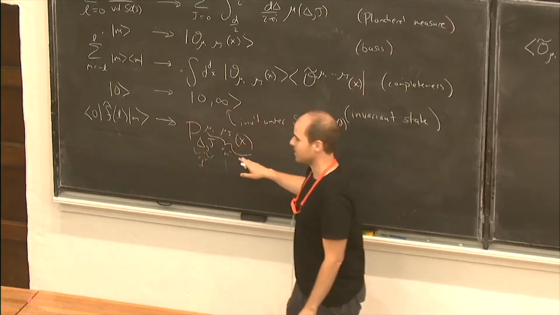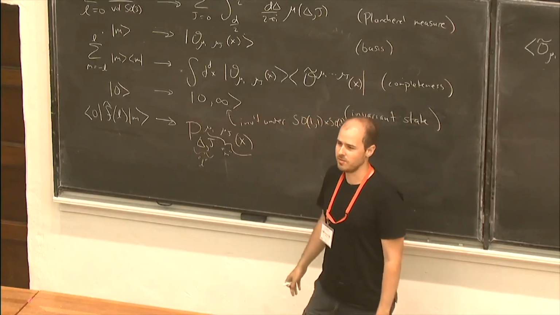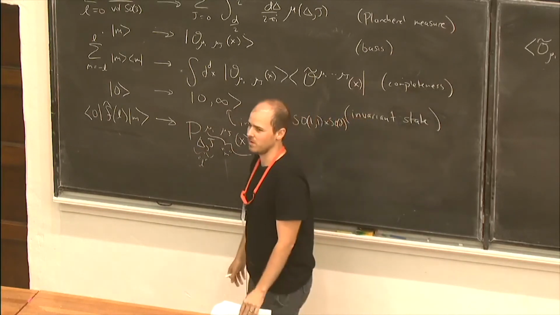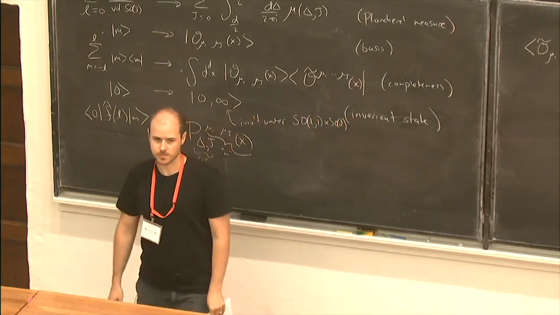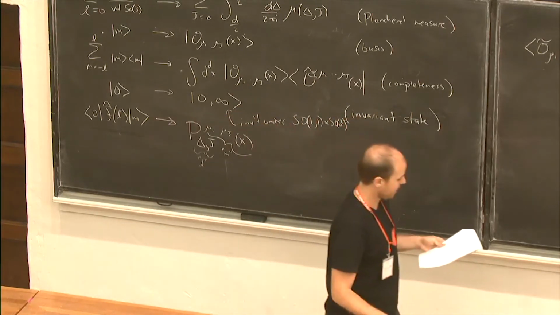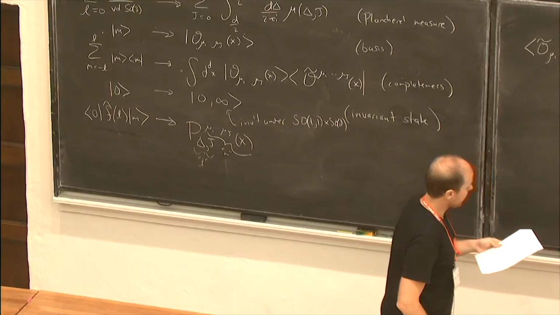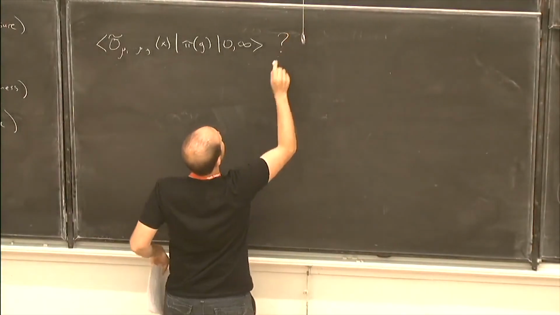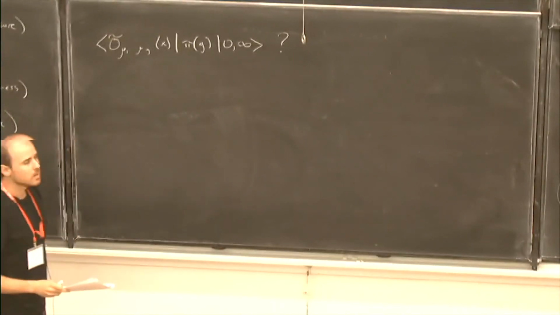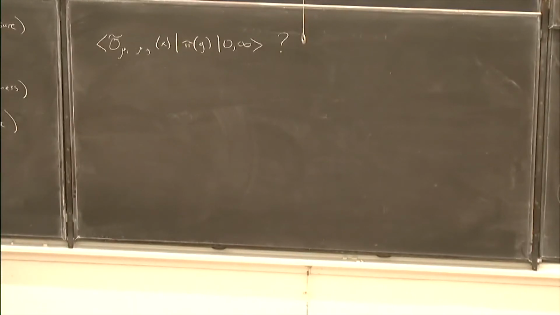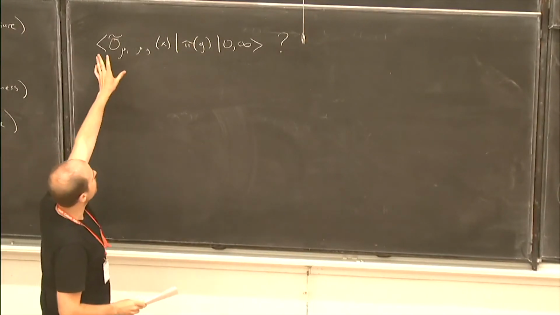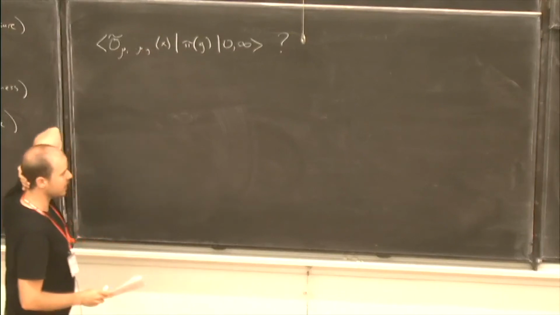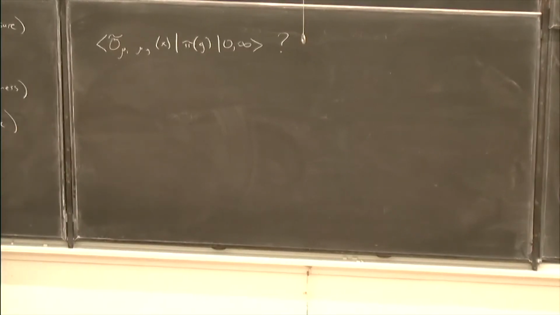This will play the role of the coefficients of the conformal harmonics. Okay, so what is this thing? And this is basically equivalent to asking what is this state? We're going to figure out what this thing is by just studying the properties that it has to have.